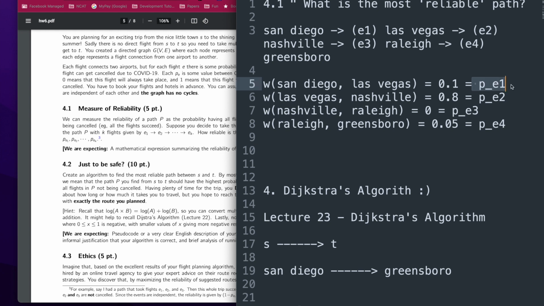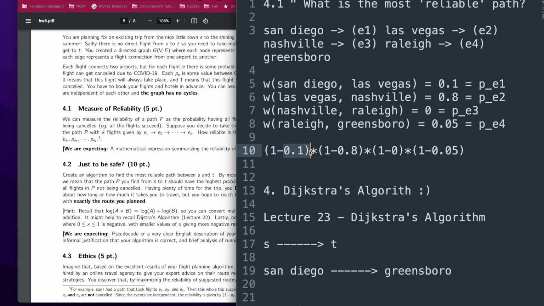So these P(E)s give us the probability that they're canceled, right? So the probability that the first flight succeeds is actually 1 minus 0.1, right? Now, in order for my whole itinerary to succeed, my first flight has to succeed and my second flight has to succeed. So assuming they're independent events, we actually just multiply them together, right? So similarly, for my Nashville to Raleigh flight, I would say 1 minus 0, which is just 1. And then my Raleigh to Greensboro, I would say 1 minus 0.05, right?